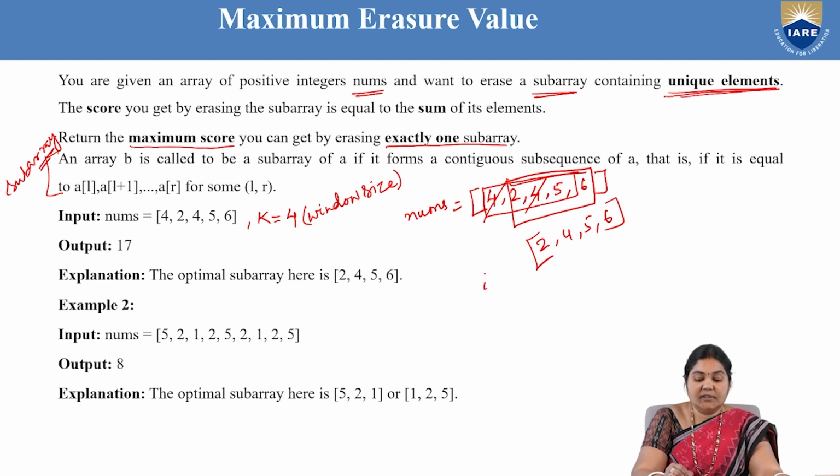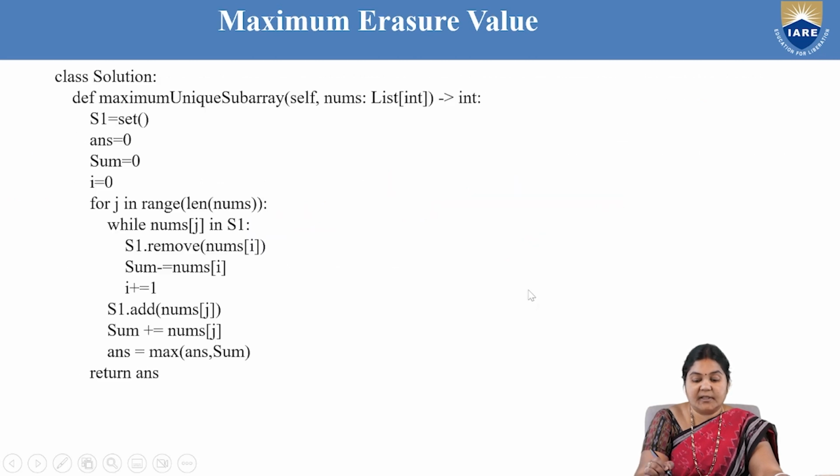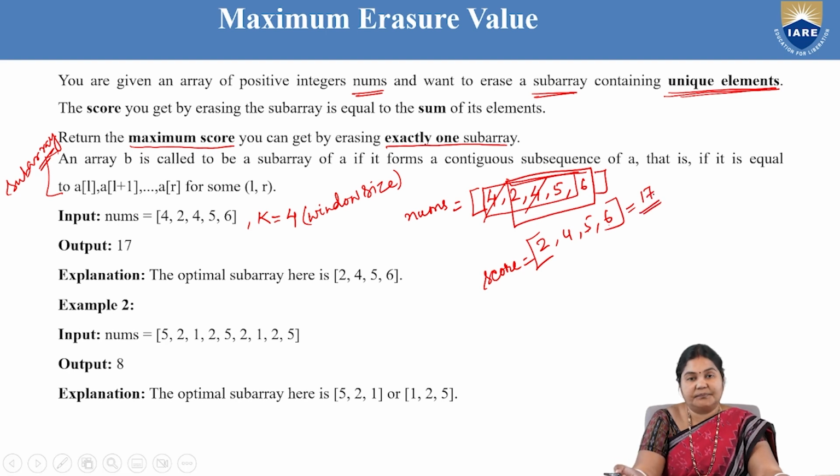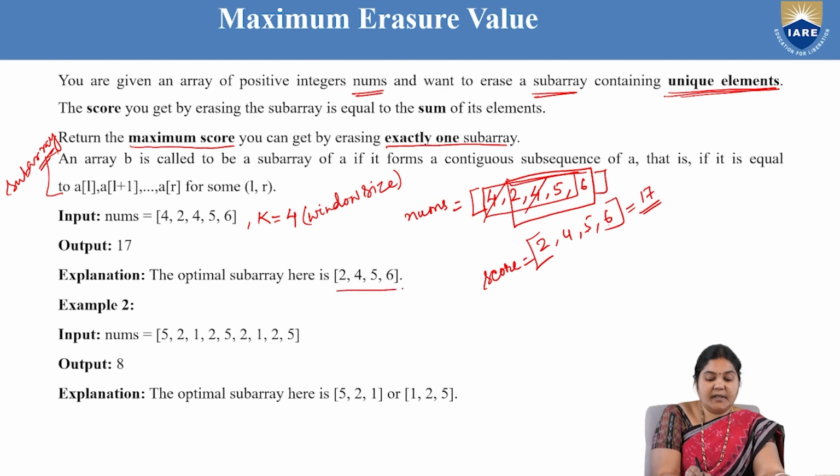Now, what is the score of this subarray? The score is 11 plus 6, which is 17. So the maximum score possible is 17. The optimal subarray is 2 4 5 6 with the maximum score of 17.